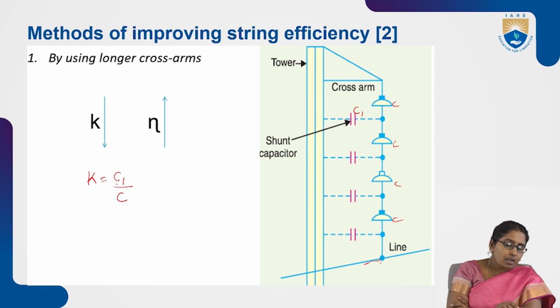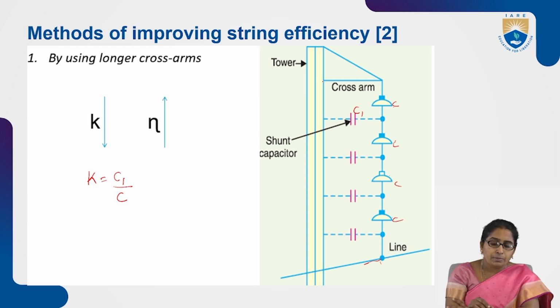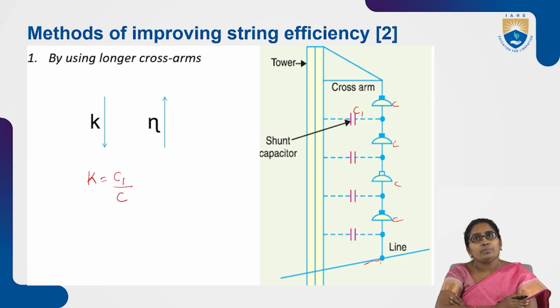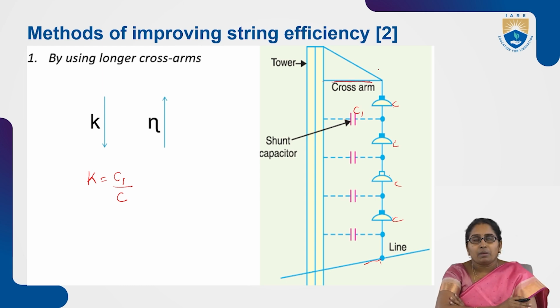Now if we use a longer cross arm, the distance between the tower and the string goes on more. Automatically, this shunt capacitance effect can be neglected. If we increase the length of the cross arm, what happens?